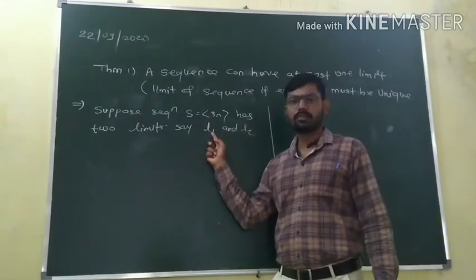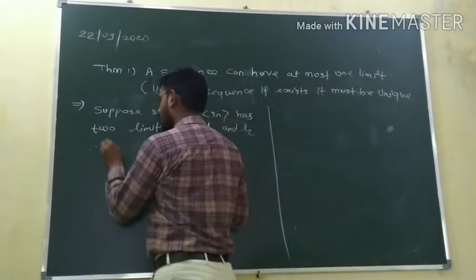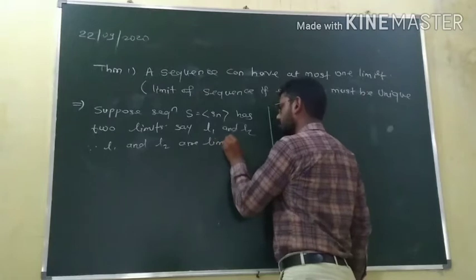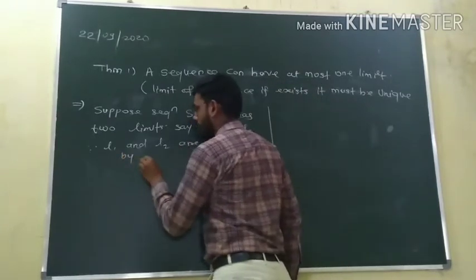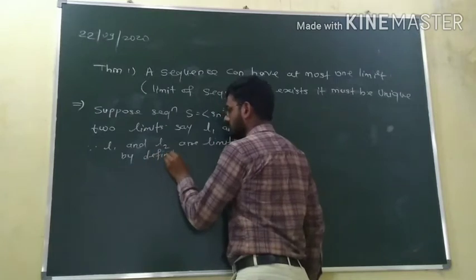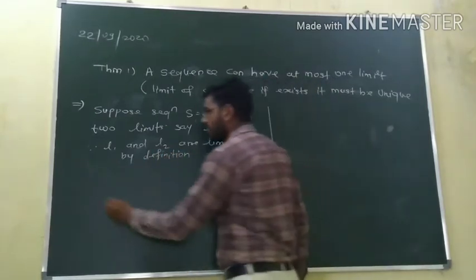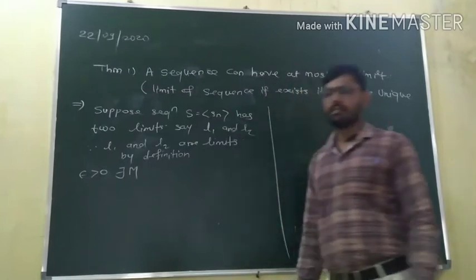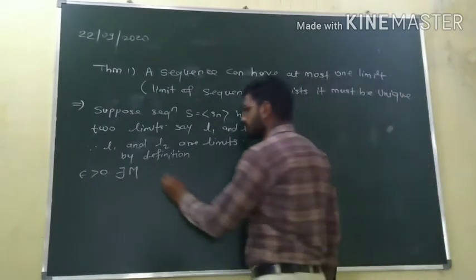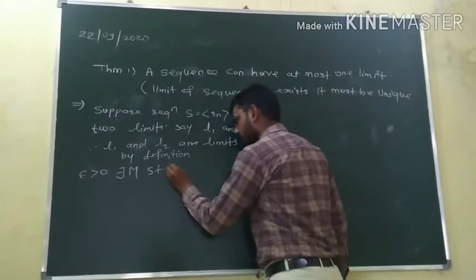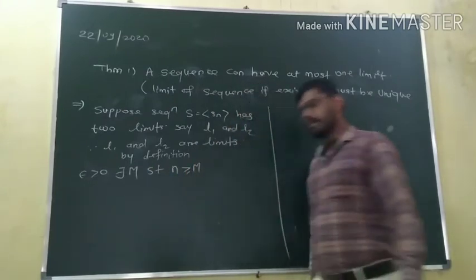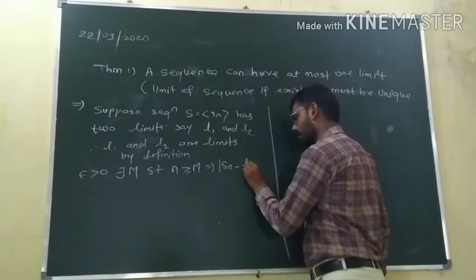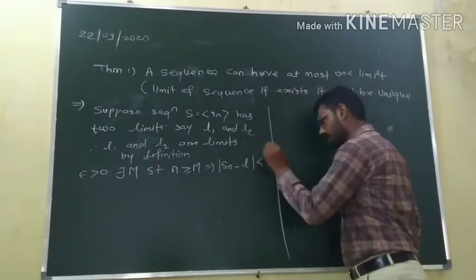Now, L1 is a limit of the sequence. So since L1 and L2 are limits, by the definition of limit, we can say that for epsilon greater than 0, there exists a natural number m such that whenever n is greater than or equal to m, the difference between Sn and the limit must be less than epsilon.